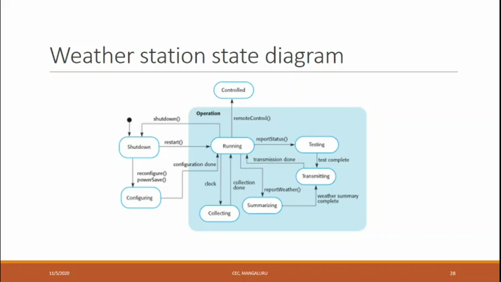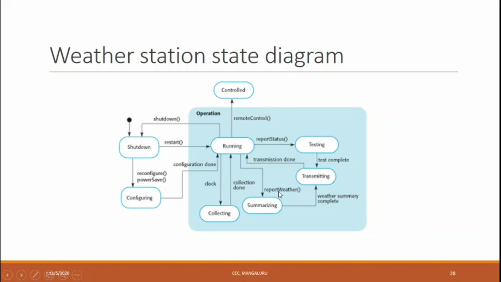In the running state, the system expects further messages, which may be from collecting, transmitting or configuration. When a report weather message is received, the system moves to the summarizing state.